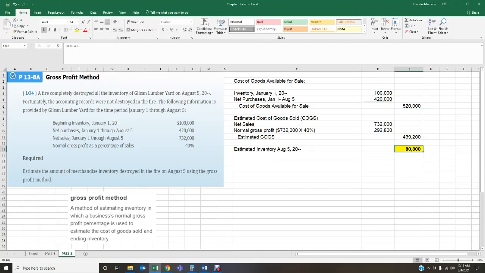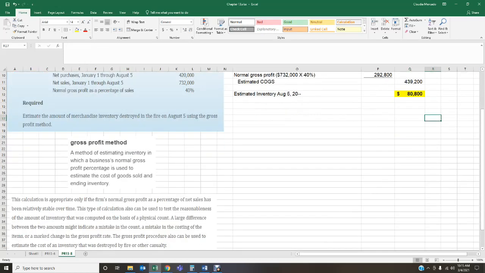Of course, this is just estimates, and these are valid estimates that are used by insurance companies. If we are using the gross profit method, we do have to prove that the gross profit as a percentage of net sales had been relatively stable over time.